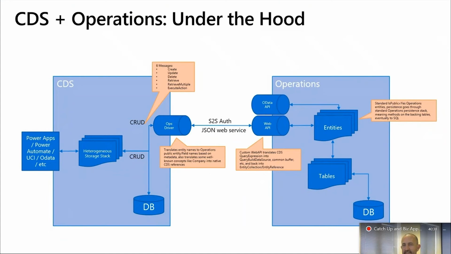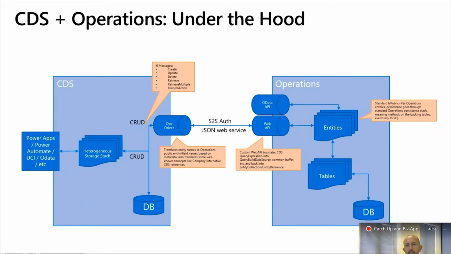So a slightly more technical diagram for people to see how the finance and operations system is actually integrated with the Common Data Service. They've got these create, read, update, and delete transactions that are propagated through a JSON web service to a web API in finance and operations.